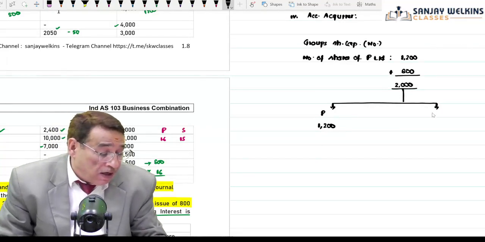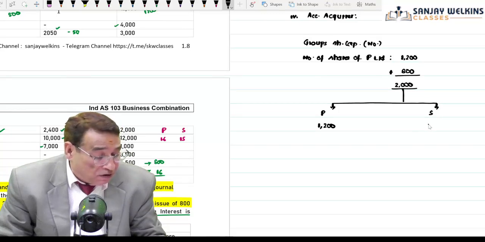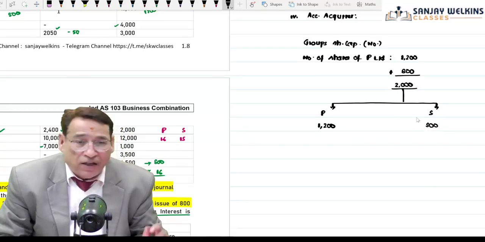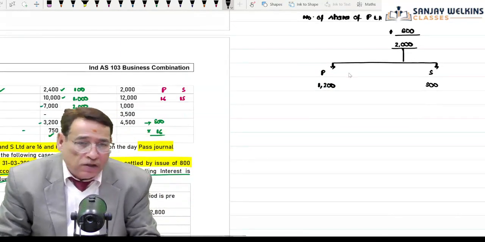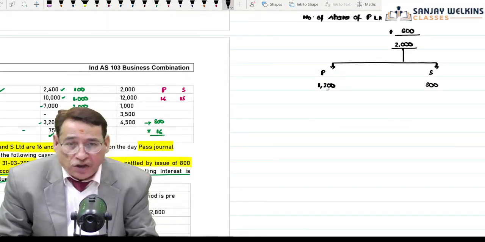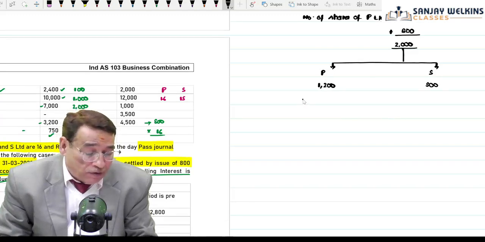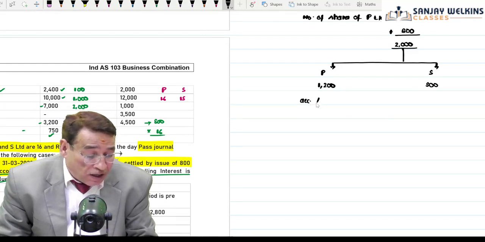So 800 shares are in the hands of S Limited. But in spite of that, you can see the total share capital is 2,000. More than 50% shares are in your hands. So quite obviously, you will be the accounting acquirer. So P Limited will also be the accounting acquirer. Is it clear to you or not?